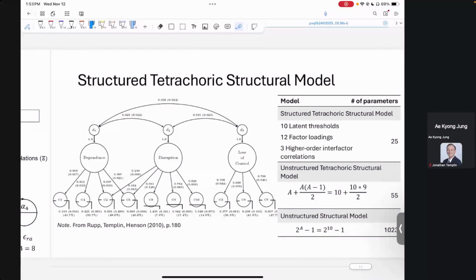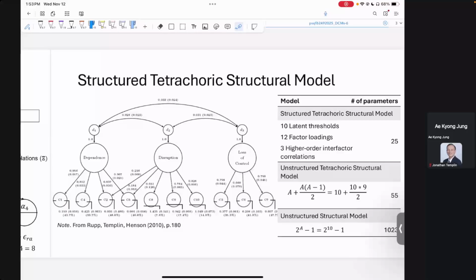And this is an example from the DSM, which is the criteria for diagnosing mental disorders. So these are the criteria, and there are 10 criteria or 10 attributes. And these criteria are all related to dependence. So we can assume that there is one factor, dependence, and these 5 attributes are related to disruption. And these 3 are related to loss of control.